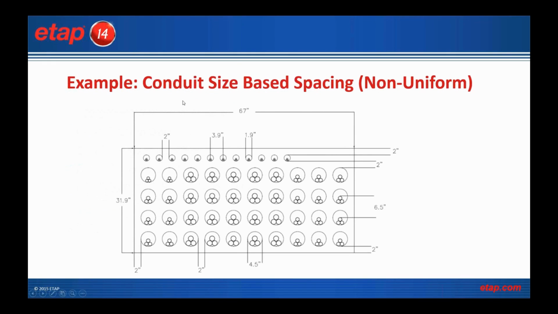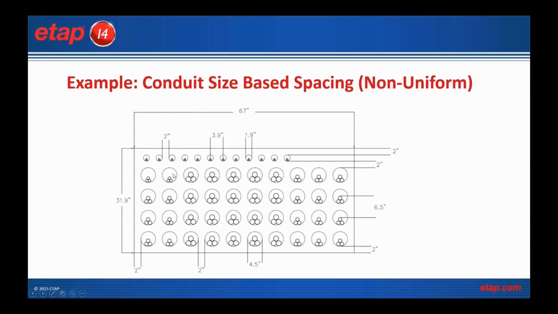So the next one, which is called non-uniform, is something that you would use to build a Raceway that looks like this. We are basically setting up a Raceway that has different conduit sizes. The conduit size is not uniform, hence we call it non-uniform conduit size. And the spacing between the conduits is governed by the size of the conduit.